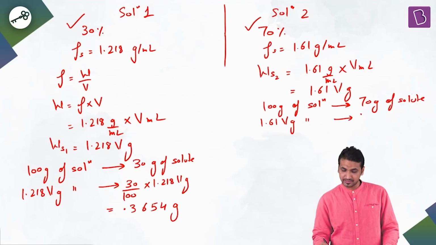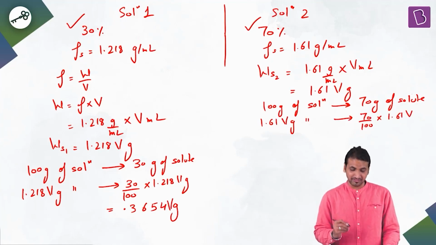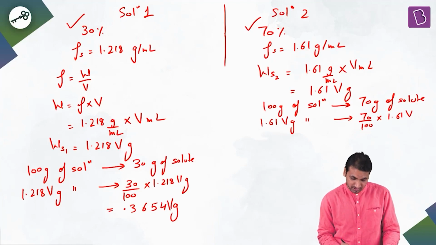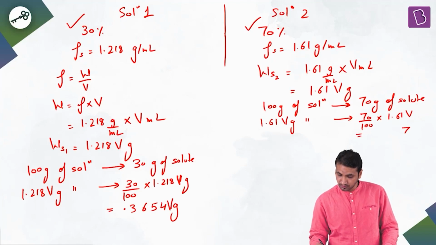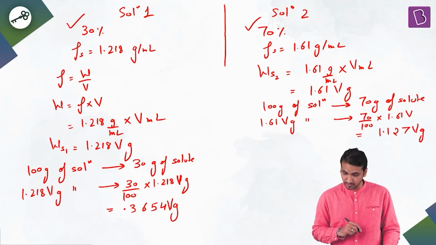It will contain 70 by 100 into 1.61 V, right? And we forgot V here, so V has to be there. This was V grams, here V grams, right? So if you just calculate this value, this is going to be 1.127 V grams. Do not forget this V, very important.